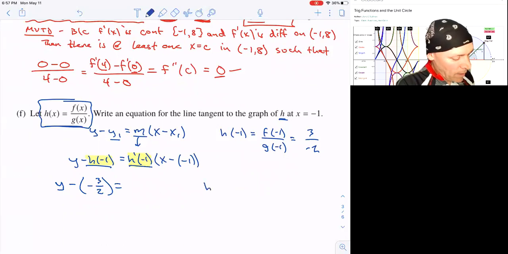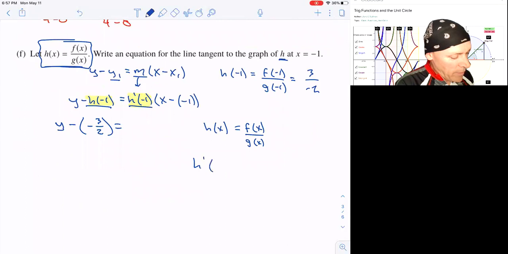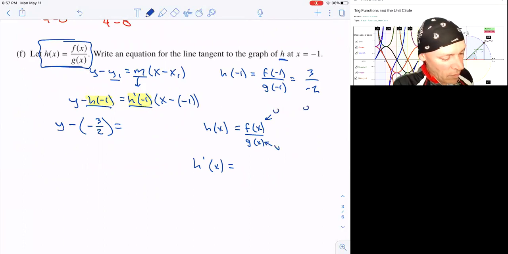h of x is equal to f of x over g of x. And so h prime of x, according to the quotient rule, is going to be, why not, I'm going to bust out my u's and my v's. So u prime is going to be f prime of x, and v prime is going to be g prime of x.